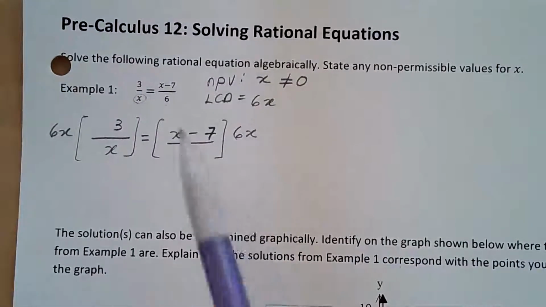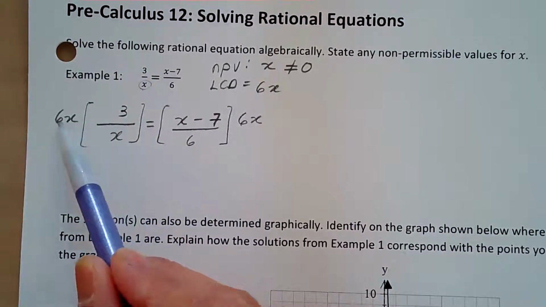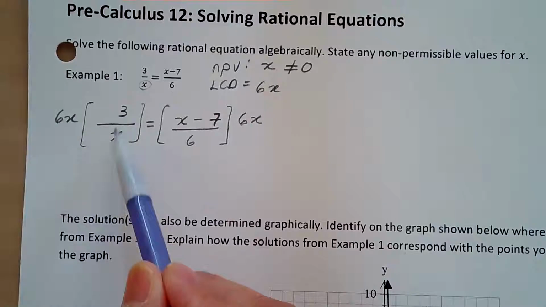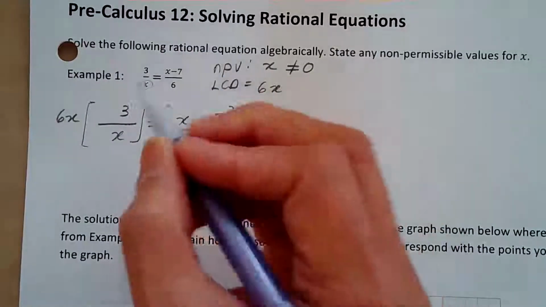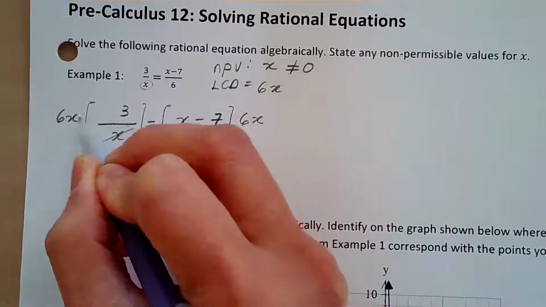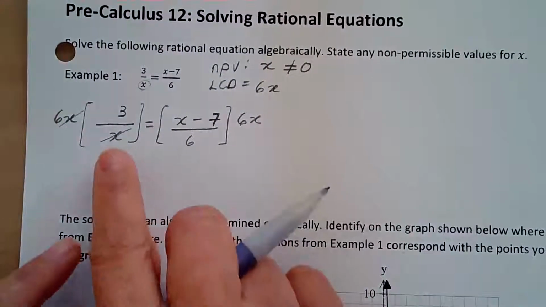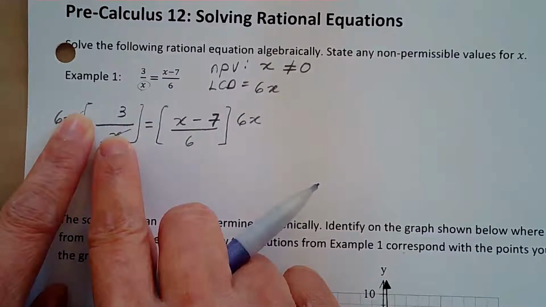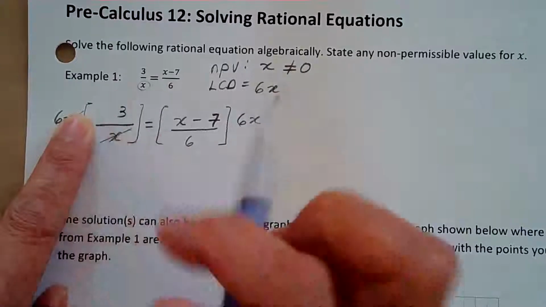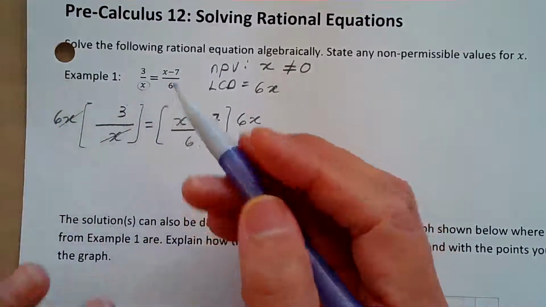Fine. So here, what happened is, if we multiply this into this fraction here, what can we simplify? The x will cancel there, right? That's a common factor. x divided by x, they cancel each other out. And then what's left over? 6 times 3, which is 18.